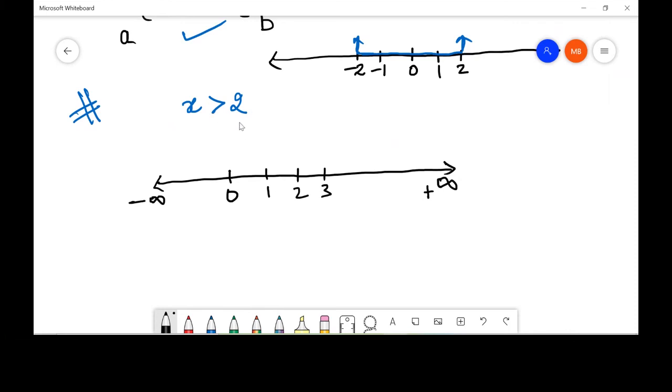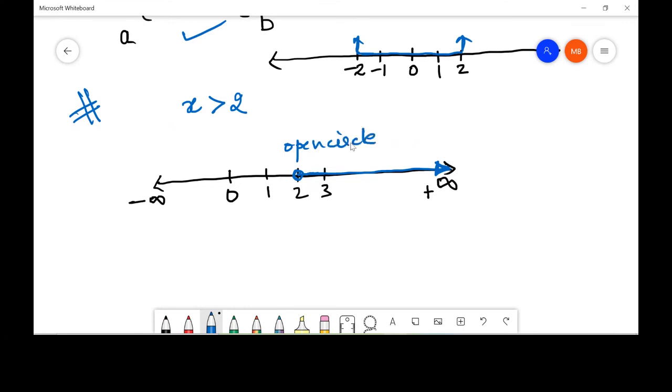We know here that x is greater than 2, so obviously we'll go towards the right, the positive side. For x greater than 2, we'll mark the entire region to the right of 2, and we'll make an open circle here.